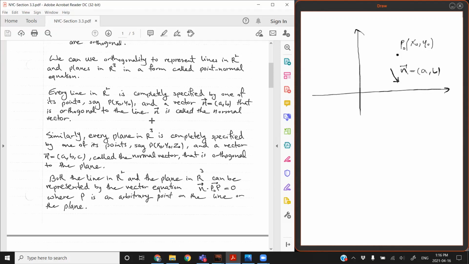Draw the line that passes through this point and is orthogonal, or perpendicular, to the vector n. We want to see whether we have agreement here. My point is to show you that there is only one way you can do that. There is only one line. So this is enough information to describe a line.